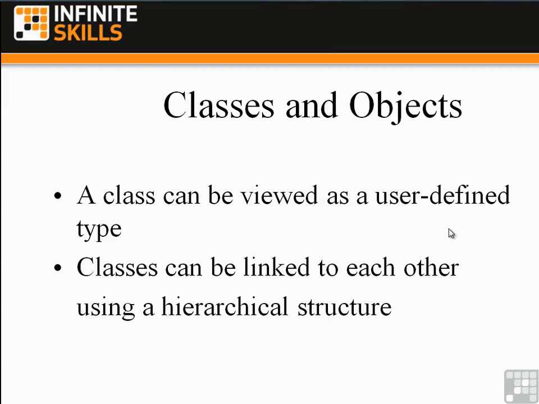So for example, both an hourly employee and a manager have a name and a date of hire. But an hourly employee will have one salary structure and a manager will have a different salary structure. So the hourly employee and the manager can inherit those characteristics that are common, and then have their own definitions for those characteristics that are distinct.